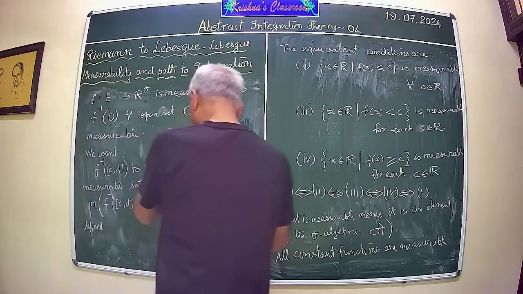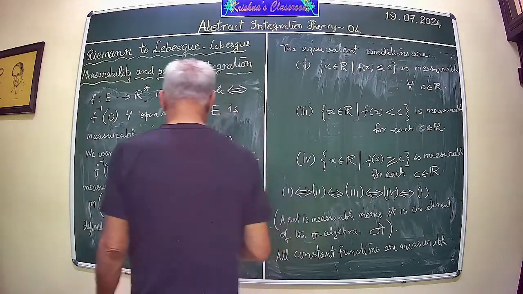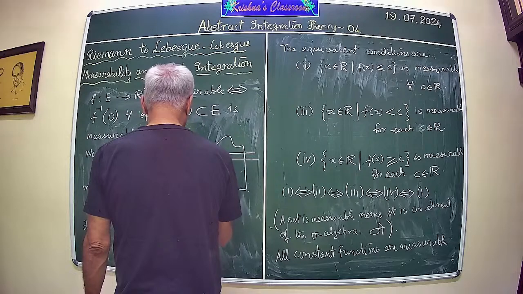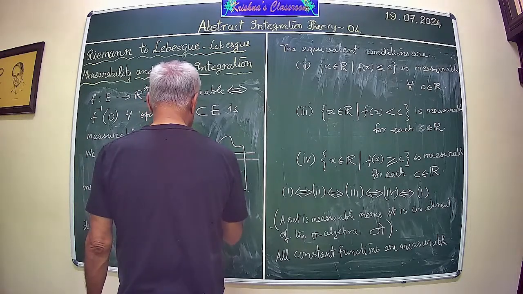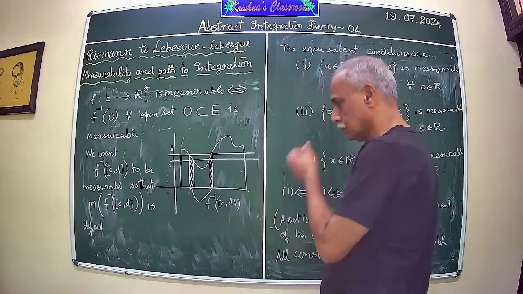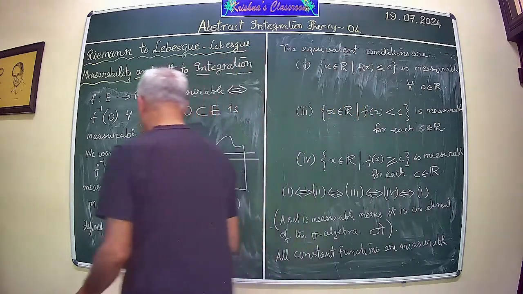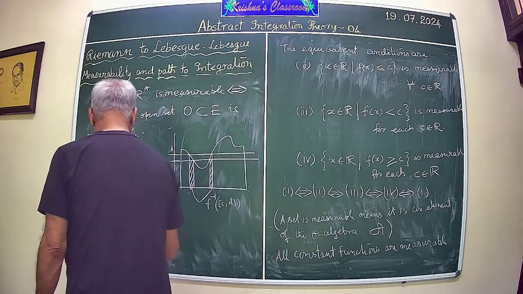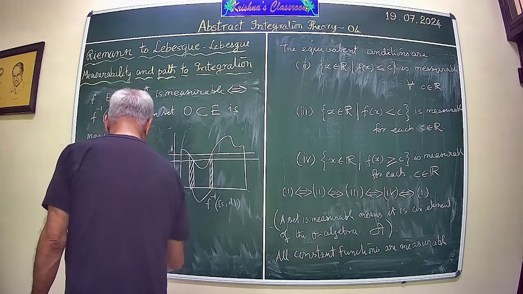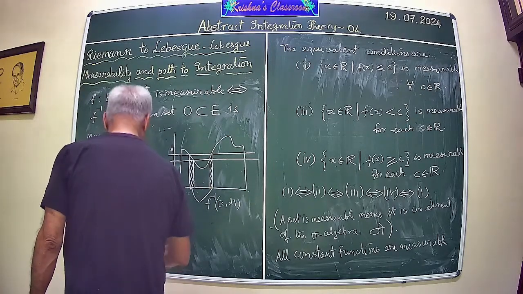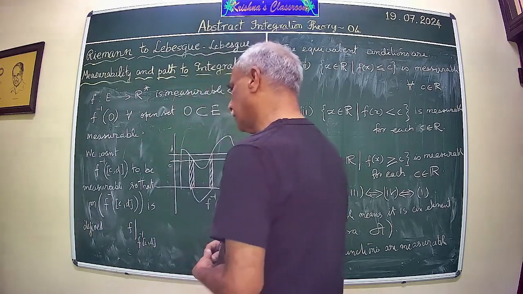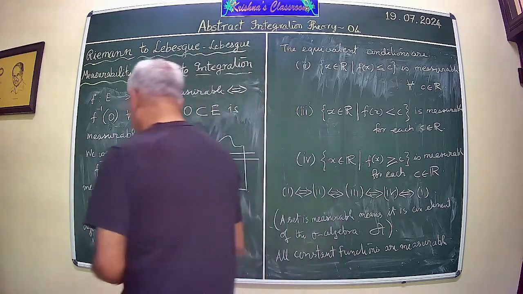Now you try to see an approximation for this. See this portion. So suppose you take f restricted to f. Okay.